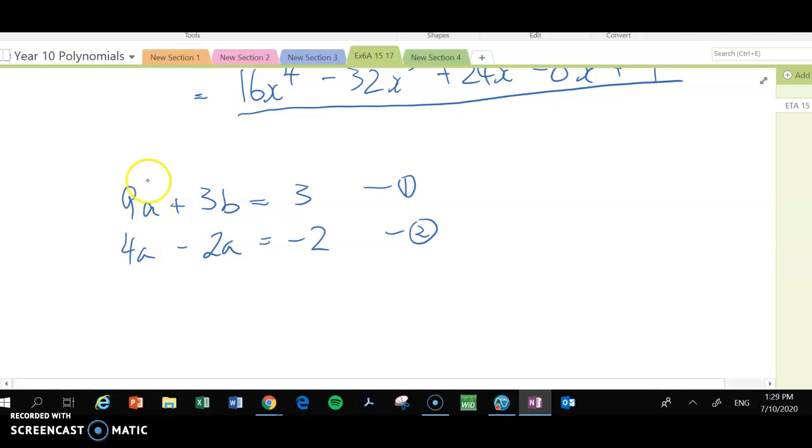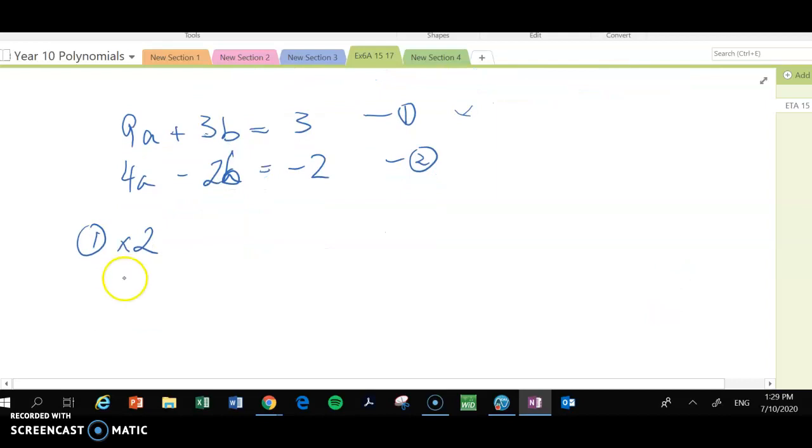So I need either the A's or the B's to be the same. So I might go for eliminating the B's. So I need this to go to maybe the lowest common multiple of 2 and 3, which is 6. So I want 6b and 6b. So I'll multiply this one by 2. So take equation 1, multiply it by 2.